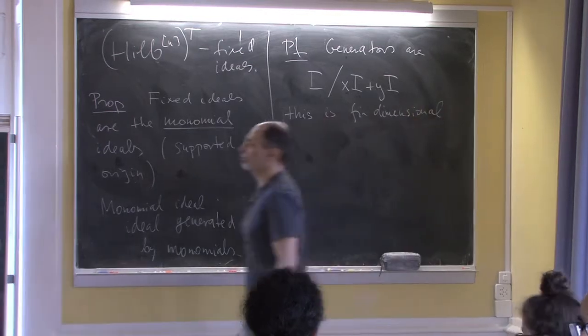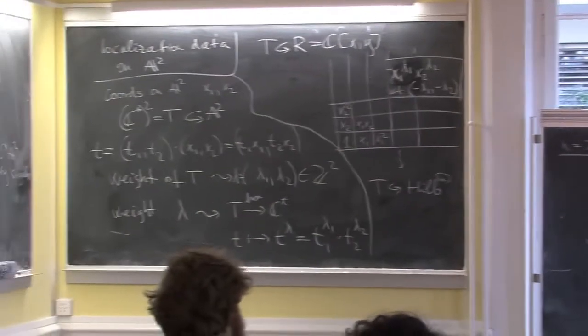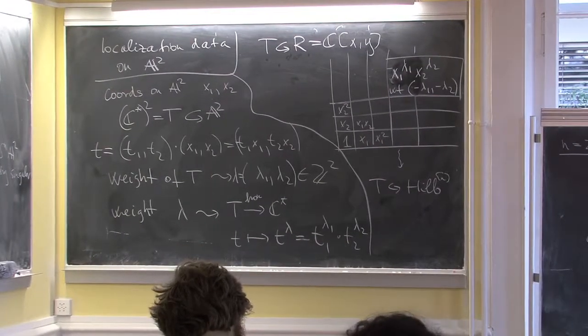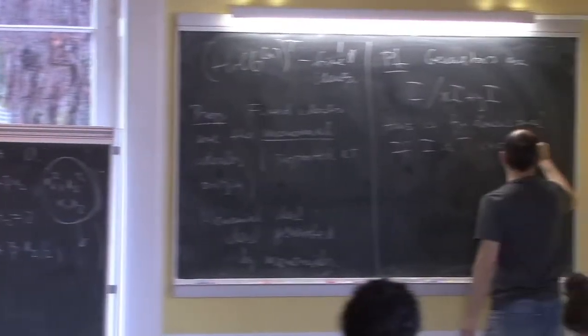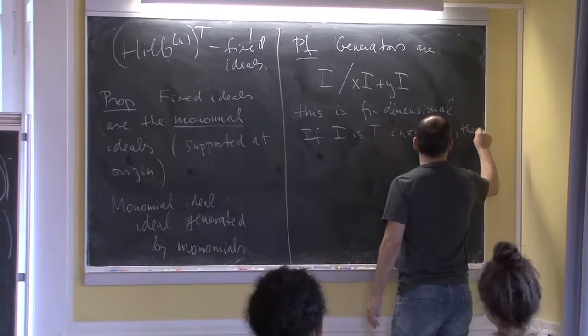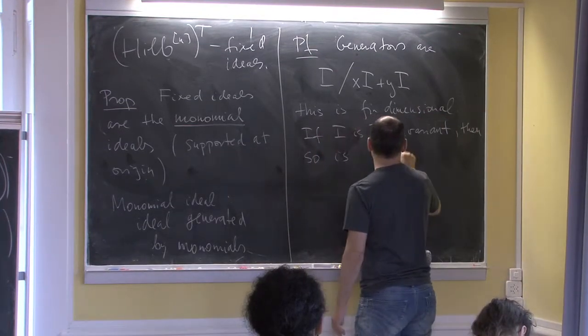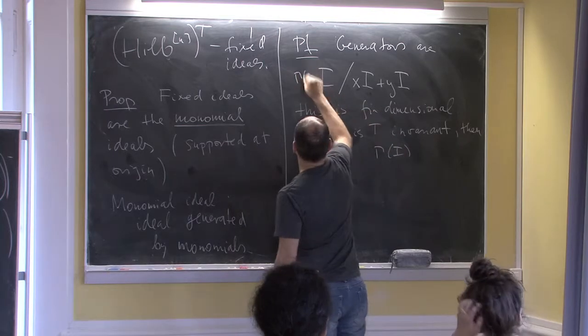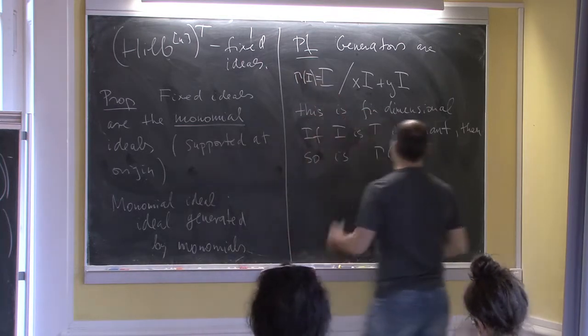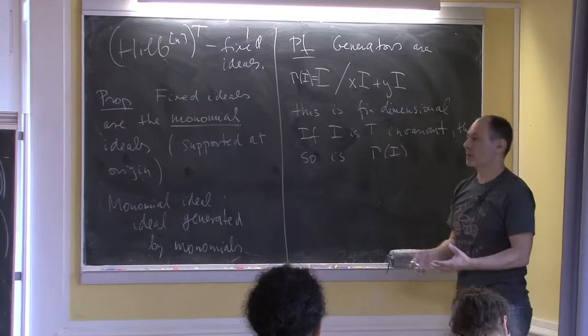And if I is T-invariant, then so is this gamma I, these generators. And then you just take the finite dimensional decomposition.